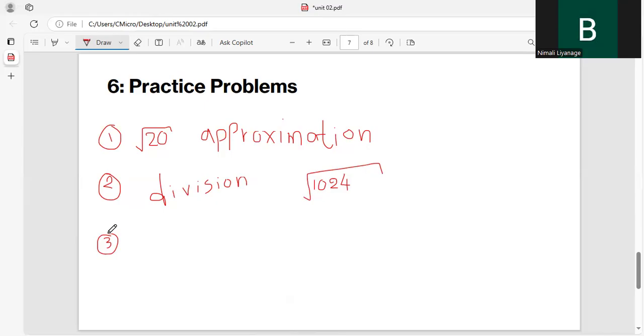Okay. Third one, third question. A square piece of cardboard has an area of 1225 square centimeters.